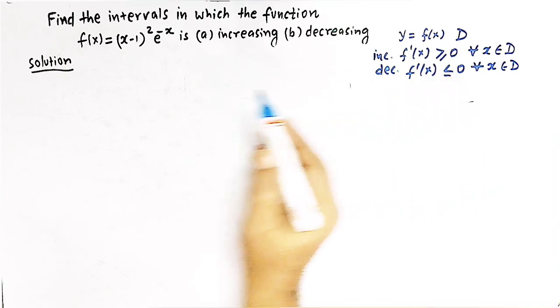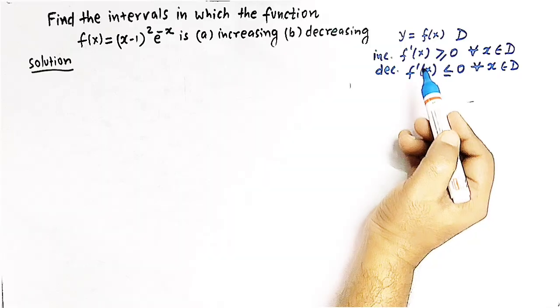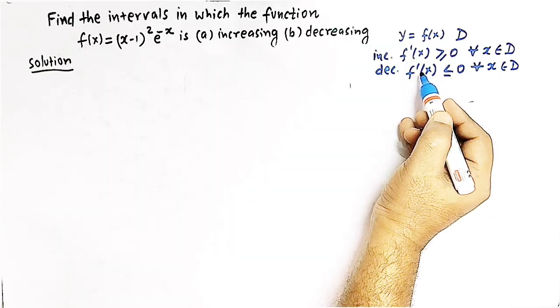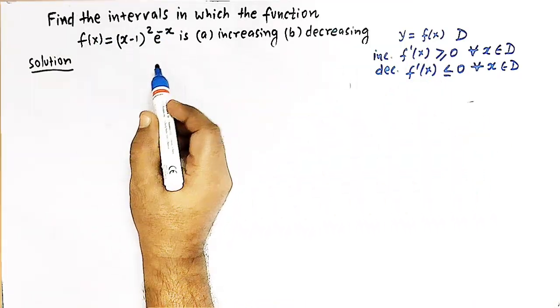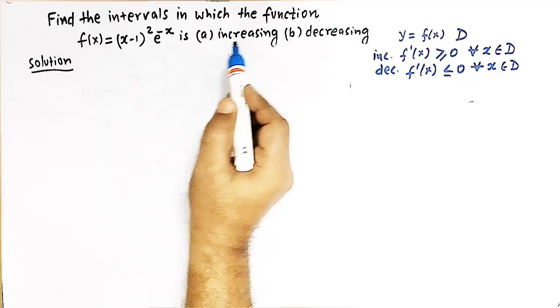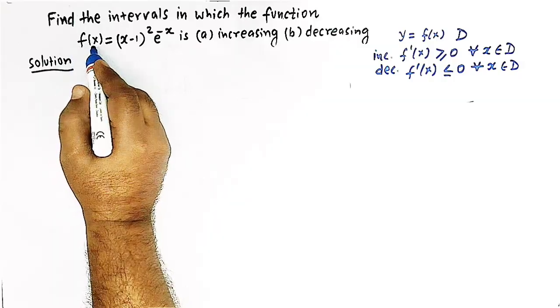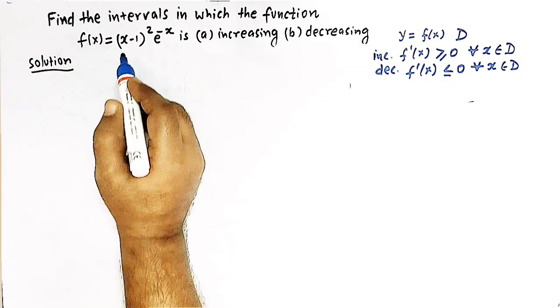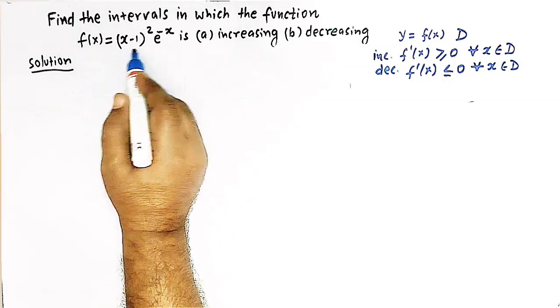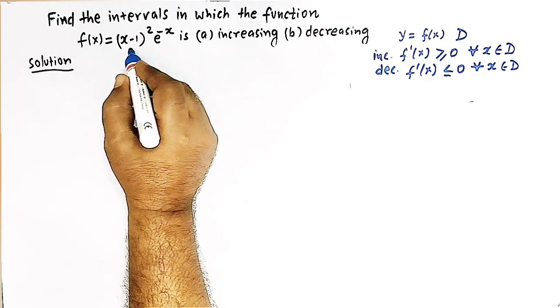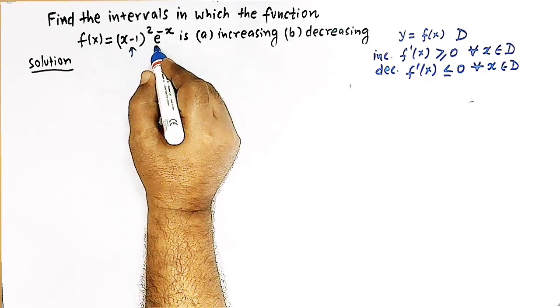So here we are going to make use of these two definitions to find out the intervals where this function is increasing and decreasing. So let us first find out the derivative of f of x using the product rule, because here we have the product of two functions.